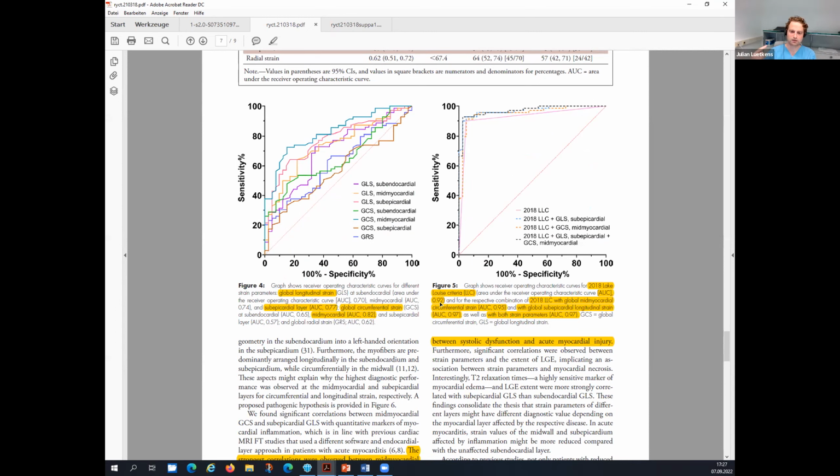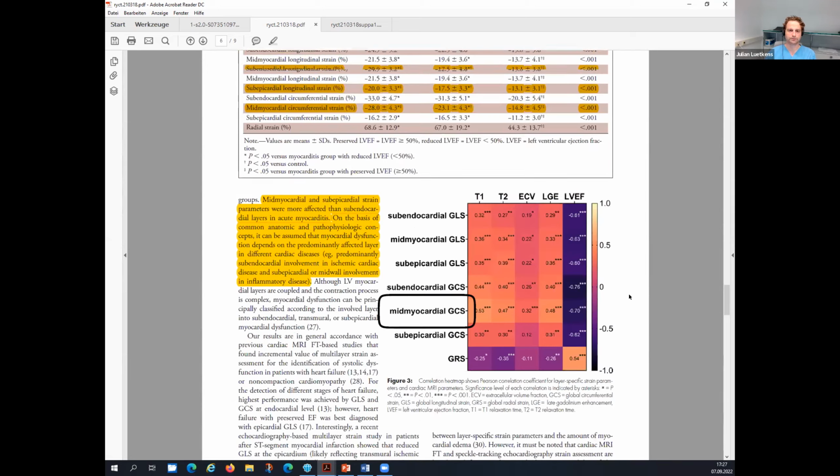When we added both of these strain parameters to the Lake Louise score, we found that we could even further increase the diagnostic performance of the score, and we gained an AUC of 0.97, which was statistically significant compared to the Lake Louise criteria.